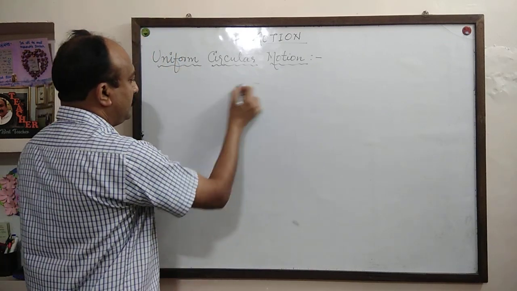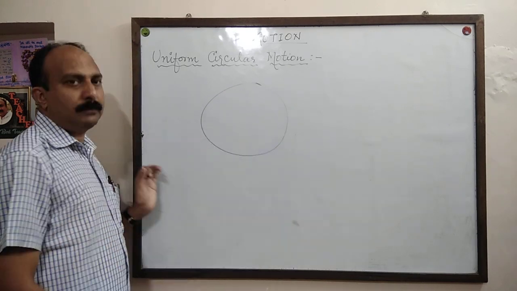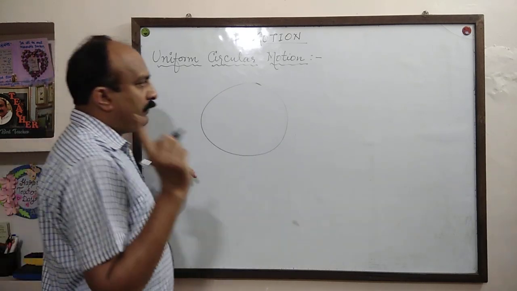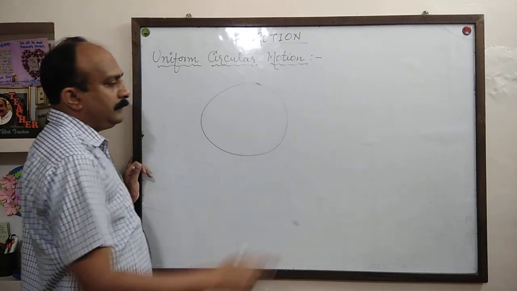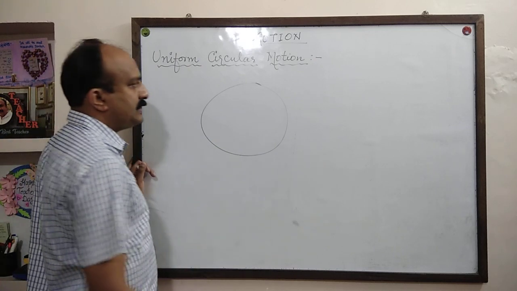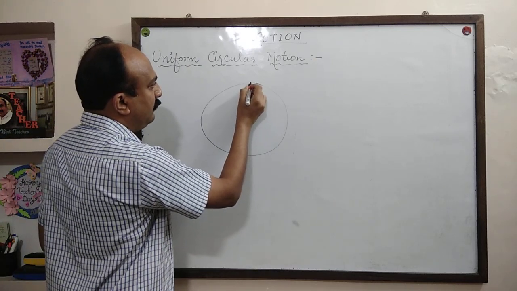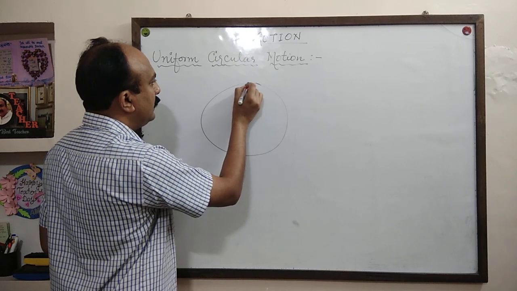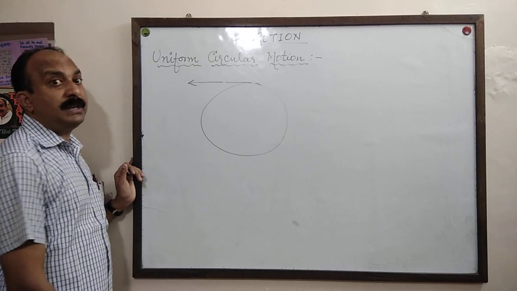See, suppose this is the path of that rotating body. Suppose you are rotating it in anti-clockwise direction. Suppose you release the thread when the stone was here. You know that the stone will move in this direction.